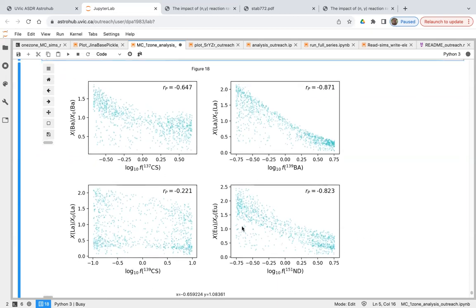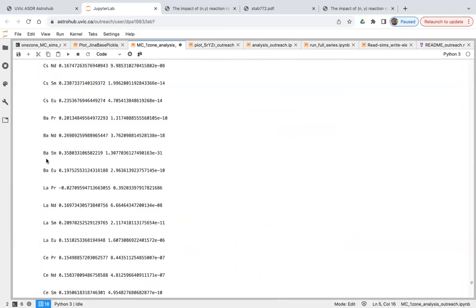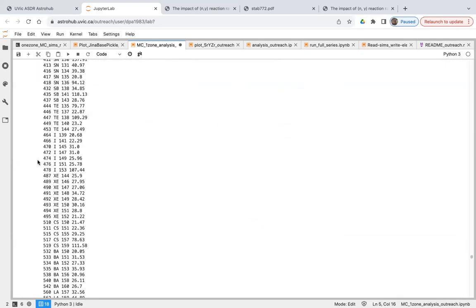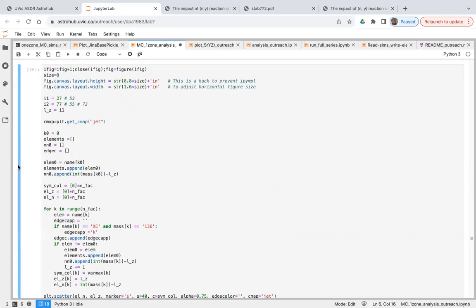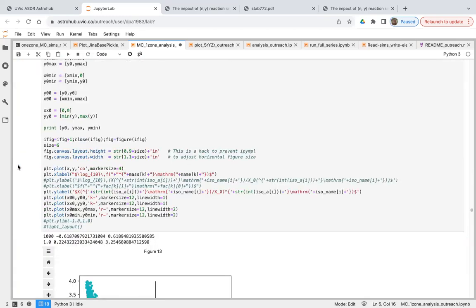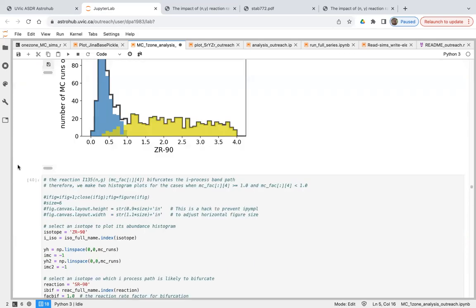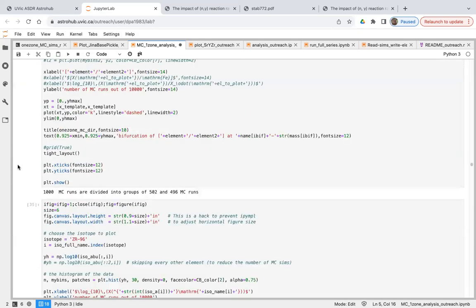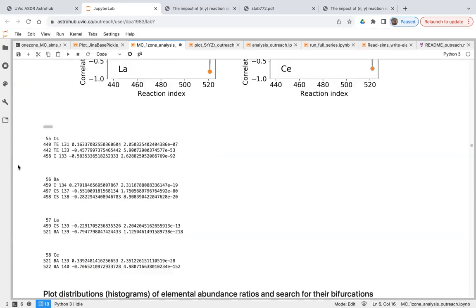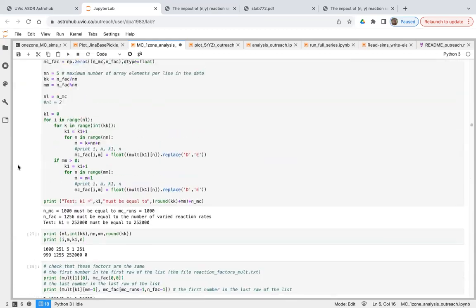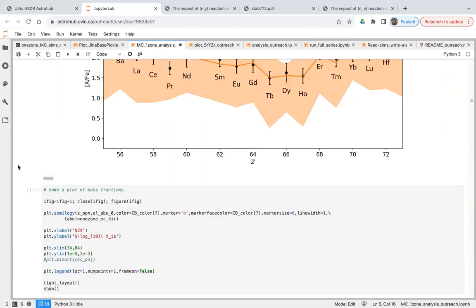And for europium, as you can see, there is a relatively strong correlation with variation of the rate of the reaction neodymium-151 and gamma. Okay, that's it. This is the most important notebook that helps to do a detailed analysis of results of Monte Carlo calculations.